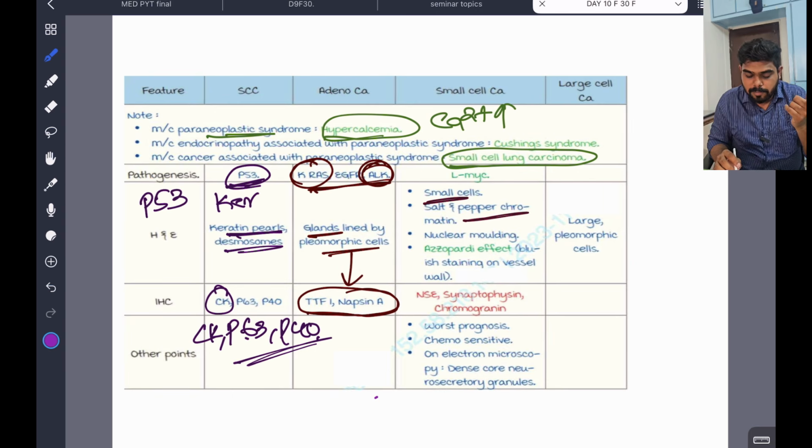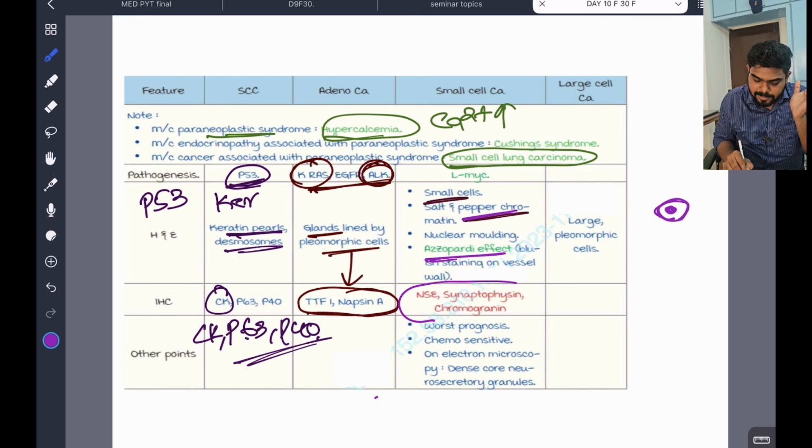The small cell carcinoma, small cell is very important. They have small cells with salt and pepper chromatin and inconspicuous nuclei, nuclear molding and crush artifact effect. This is very important. And all these small round blue cell tumors have markers NSE, synaptophysin and chromogranin.